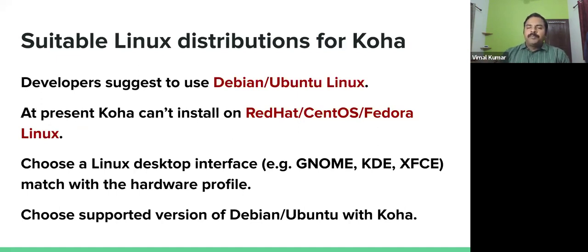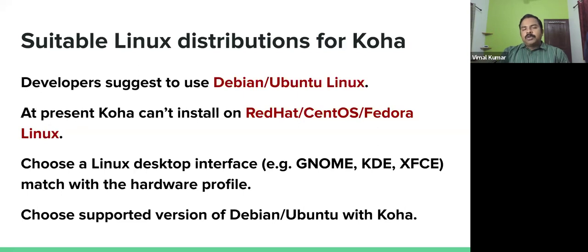For example, GNOME, KDE, XFCE. Heavy desktops and lightweight desktops are available. Suppose your system is old, we have to prefer a lightweight desktop called XFCE. If you install GNOME and your system is old, it will slow down your system. It will need a lot of resources to work.